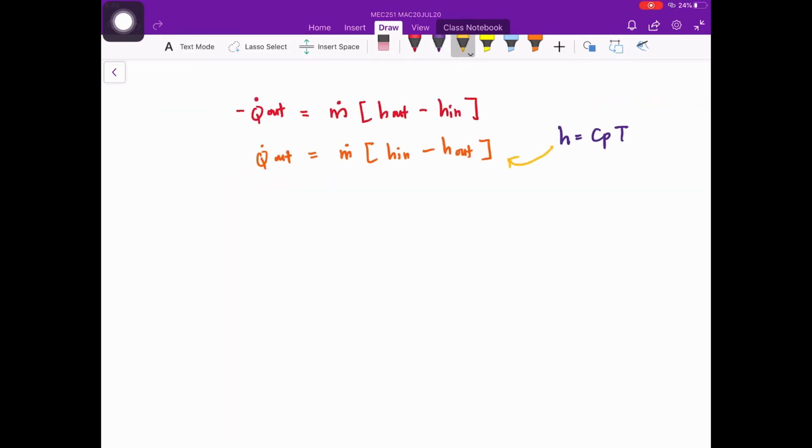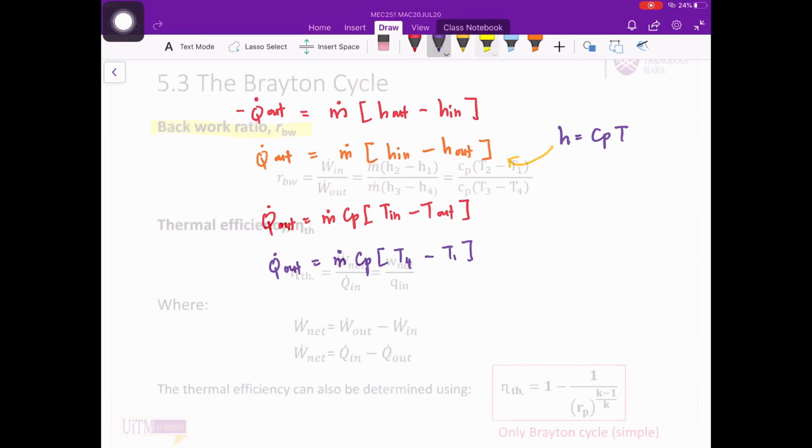And if we substitute enthalpy with specific heat at constant pressure Cp times temperature T, since the working fluid is an ideal gas, the final steady flow energy equation will be this expression. With respect to our discussion, the SFEE will be this equation.